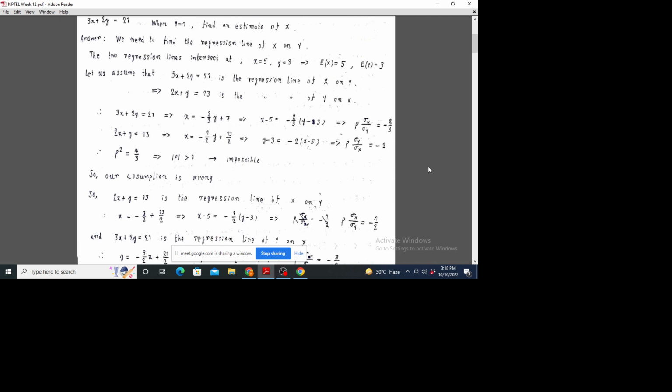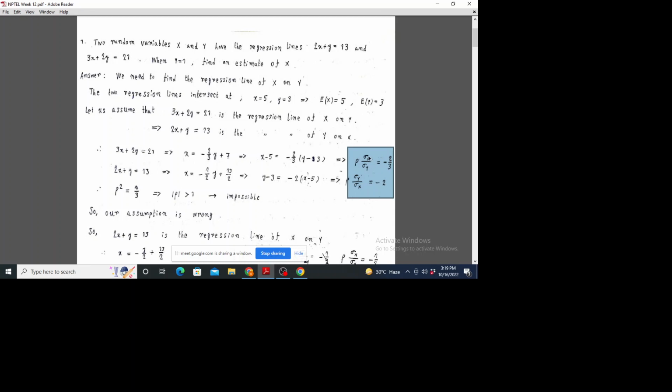So now under our assumption we have obtained these two equations involving the correlation coefficient rho and the standard deviations sigma x and sigma y.